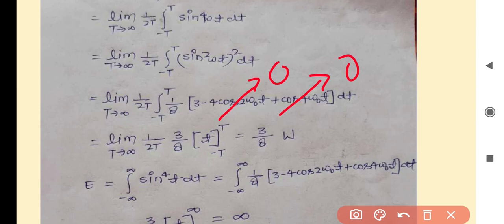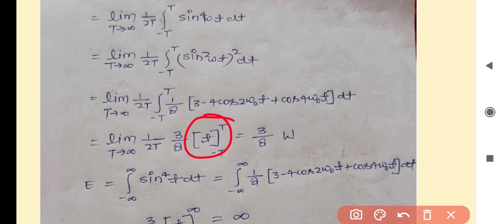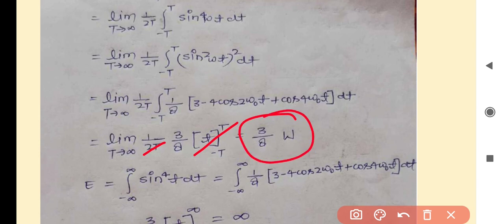For a complete cycle, the integration of sinusoids becomes 0. What remains is 3 by 8. It will become the integration of 3 by 8 with limits from minus T to T. Putting in the limits, upper limit minus lower limit, it becomes 2T. Then this 2T and this 2T cancel, and the power here is 3 by 8 watt.